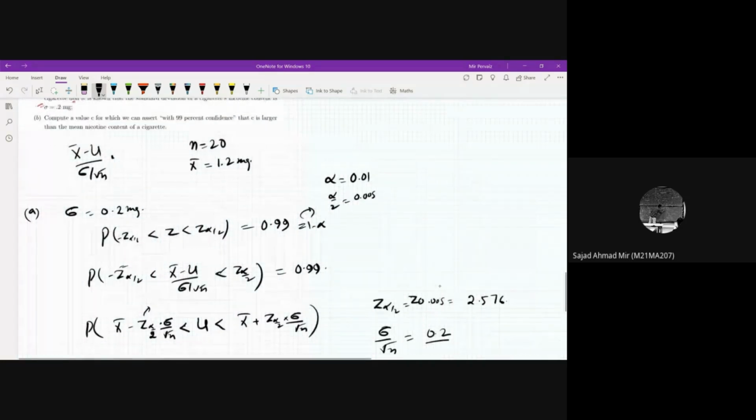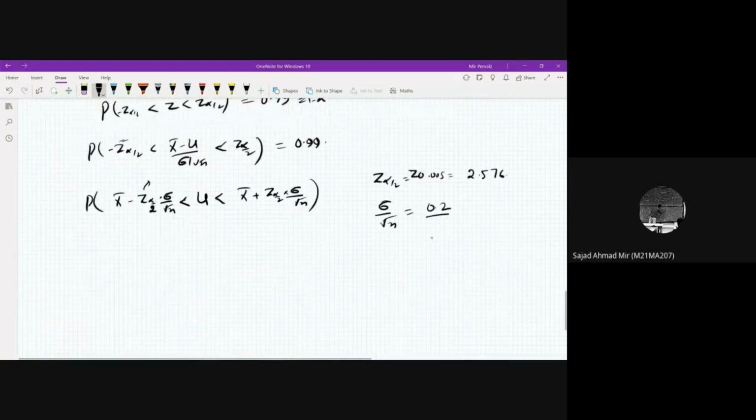Sigma is 0.2, root of 20. This value is coming out to be 0.0447. So this is your sigma by root n. Z alpha by 2 is there, and x bar you already know, which is also given in the question.